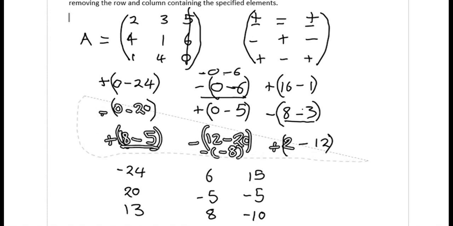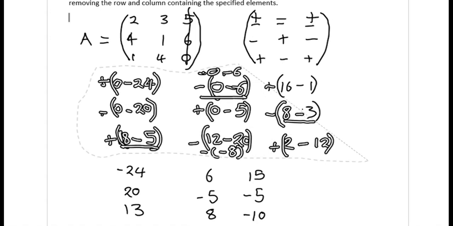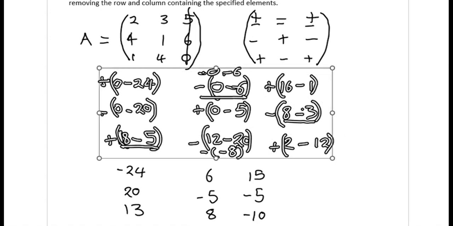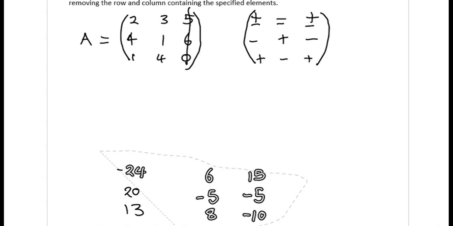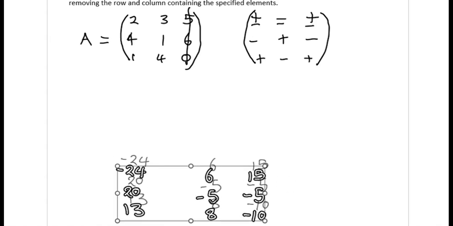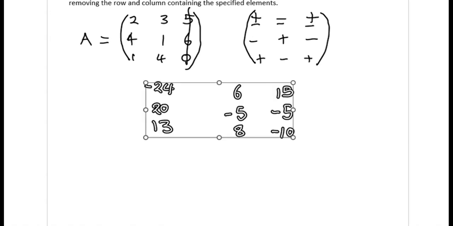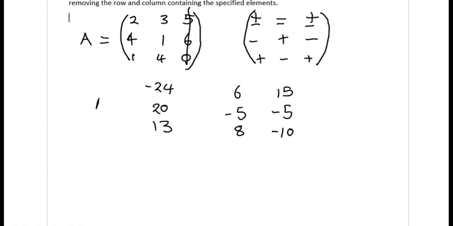I'm going to wipe this off. Okay, and then I'll take this up. So this is my cofactor. A is equal to, this is my new matrix. This is actually not A, this is a new matrix. I can call it B because it's not the same with A here.